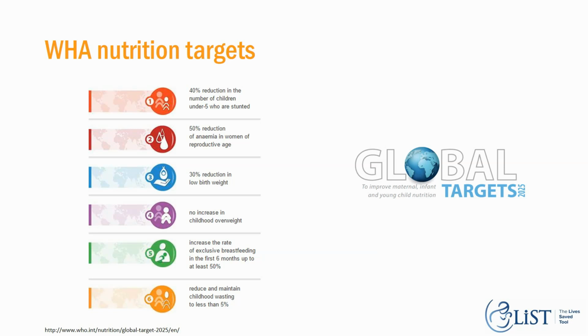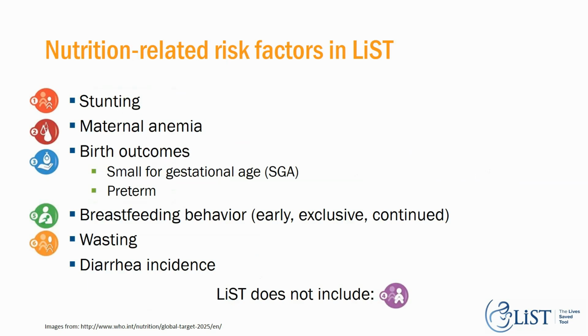So this is what the global community agreed upon. And in LiST, we actually have a way to model 5 out of the 6 outcomes. So we can model stunting, we can model maternal anemia, we can model birth outcomes.